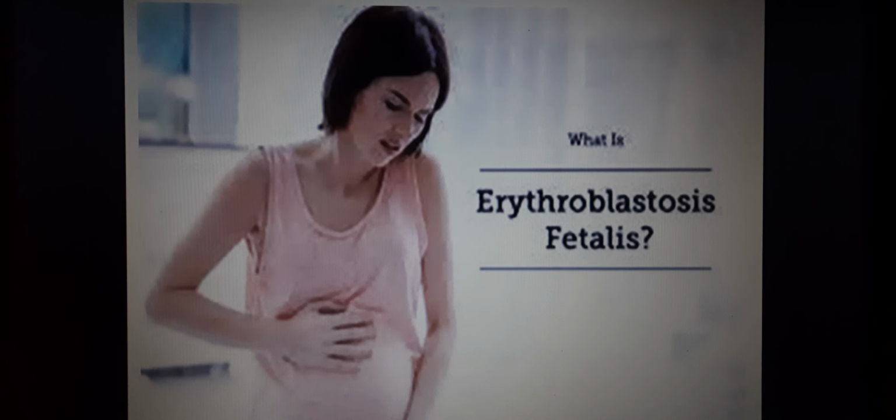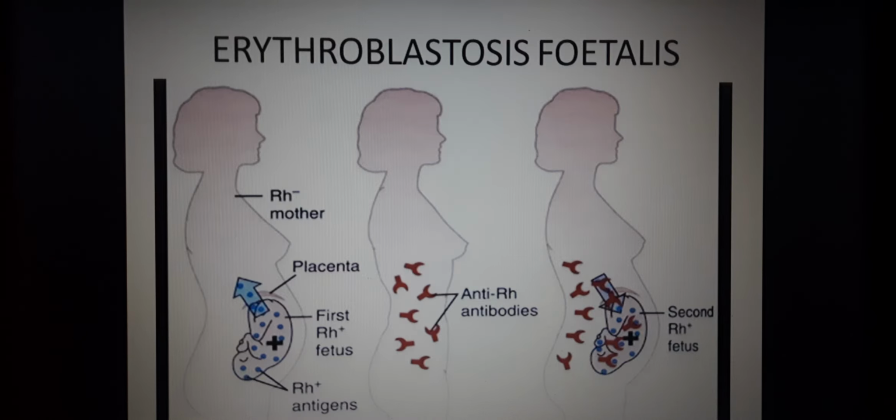Next, a very important thing is erythroblastosis foetalis. Questions are asked about it several times, so try to understand the fact. These things occur only when the mother has Rh negative blood.